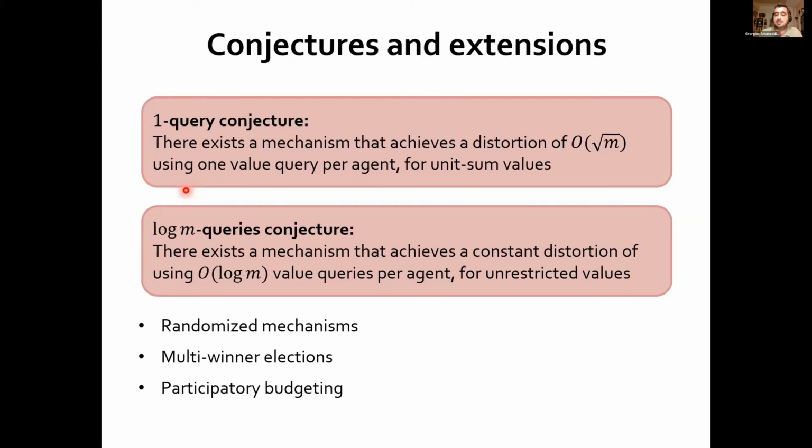What happens in related settings like participatory budgeting, or what if we study this trade-off in metric spaces. And there was a related paper of Ben Elliott and Wenan in last Wine, I think, about this.